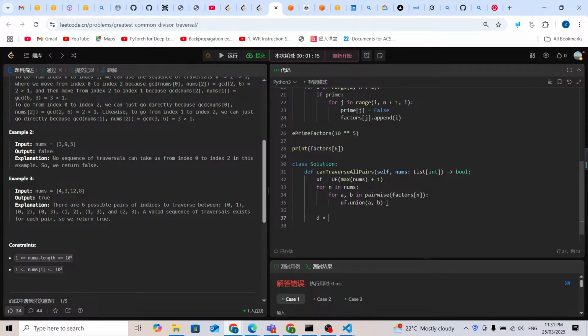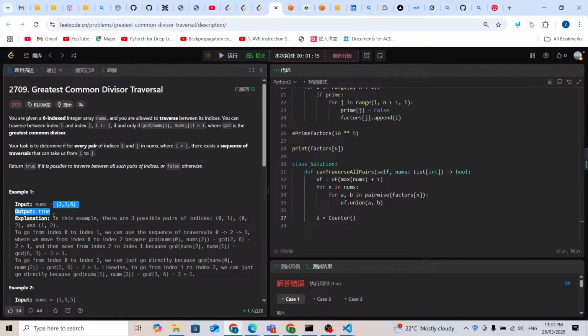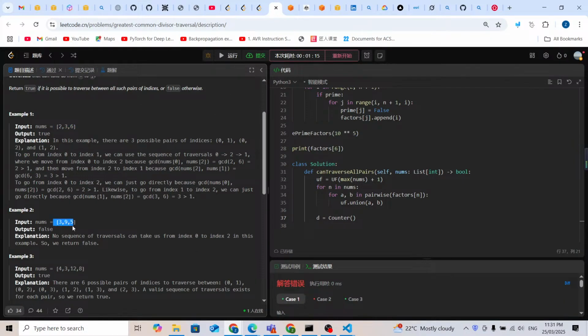Now let's just prepare a counter, because I just wanted to check how many numbers are connected. So for example, in this example, there are going to be 3 numbers connected, so it's going to be true. For this example, 3 and 9 are connected, but 5 and 3 are not connected, so this is why it is false. Yeah. So I prepare a counter, and what I'm going to do?